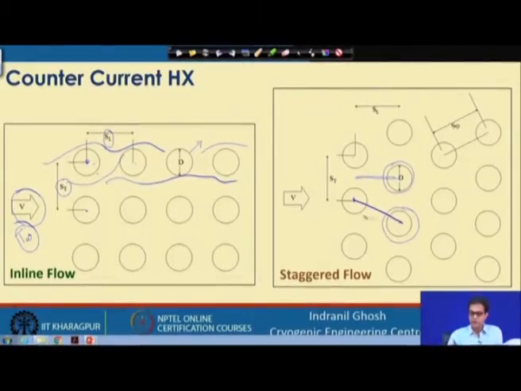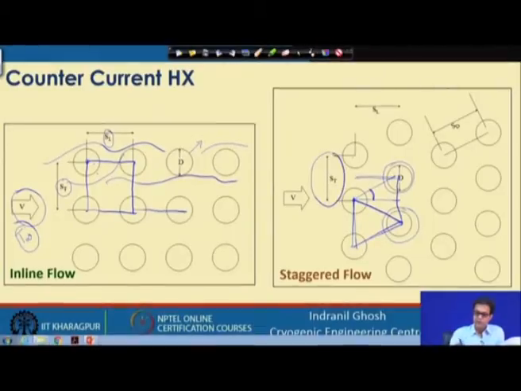So they form a triangle, whereas here the four tubes form a rectangle. Depending on this angle, we may have a different flow arrangement, and the heat transfer coefficient is possible for each.